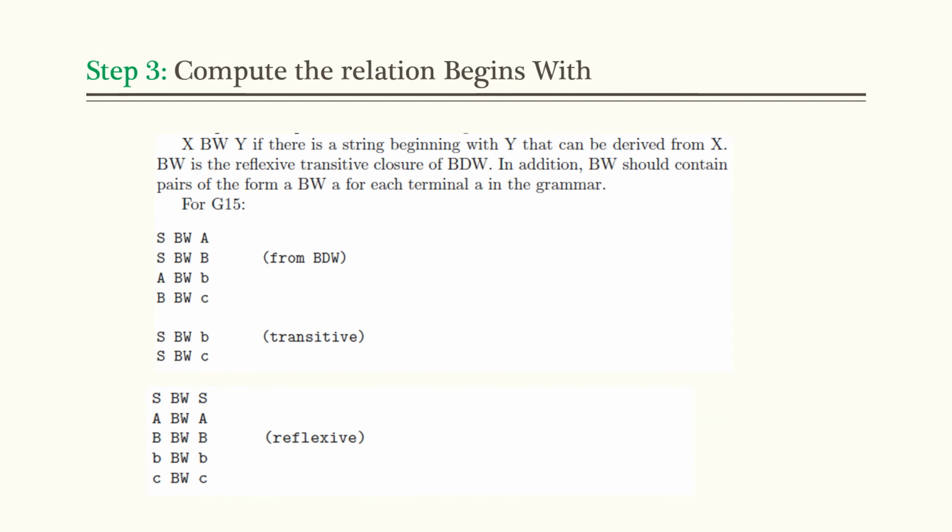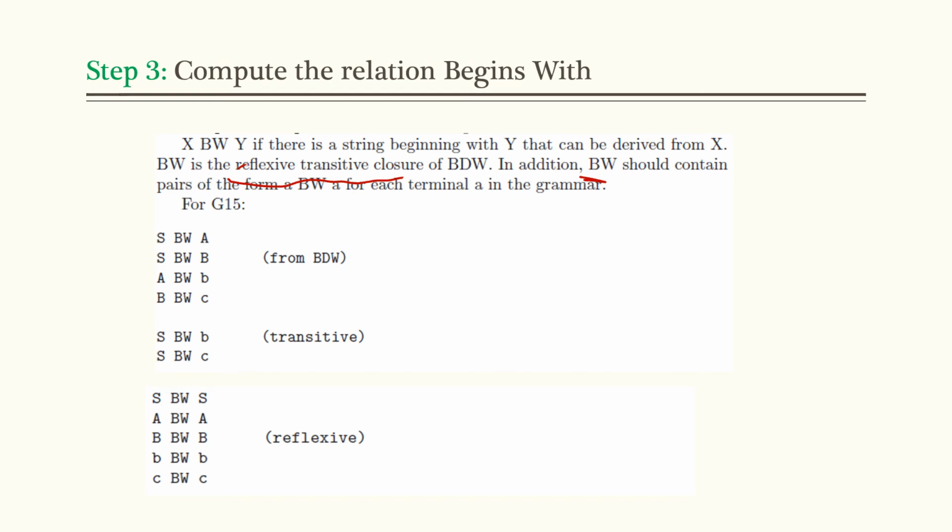Now for step number 3, we want to compute the relation begin with. For this step, we want to find the reflexive transitive closure of BDW, which we get from the second step. We represent it using BW, begin with, for each pair of strings that we have.